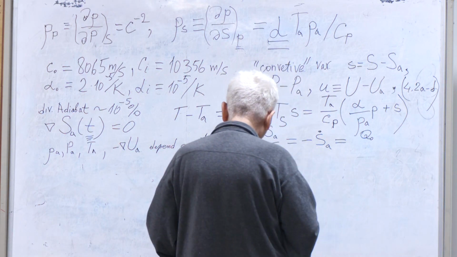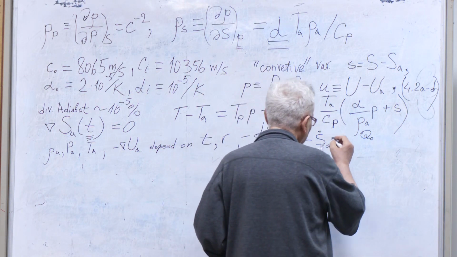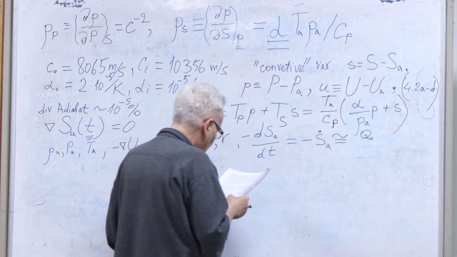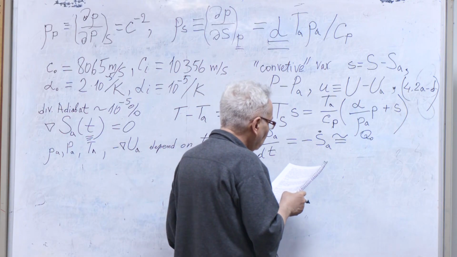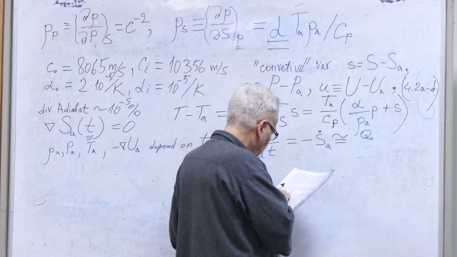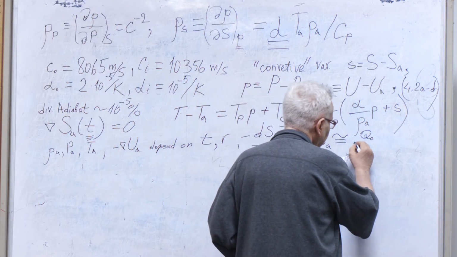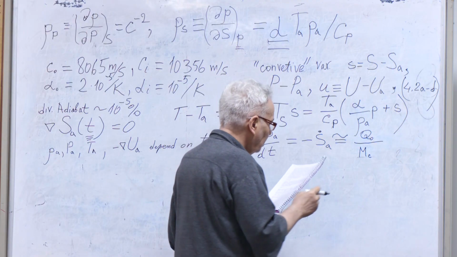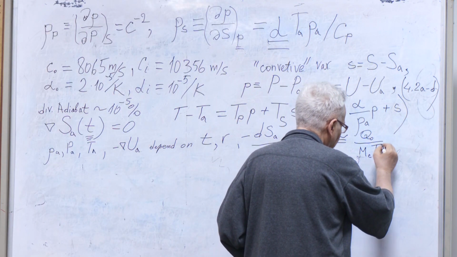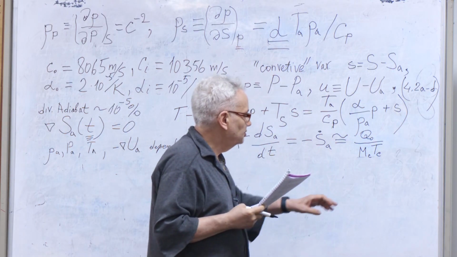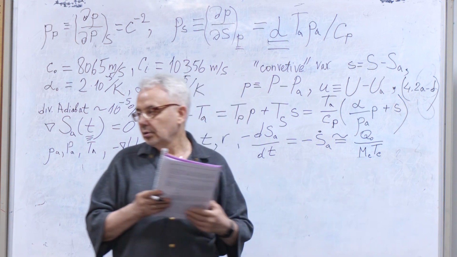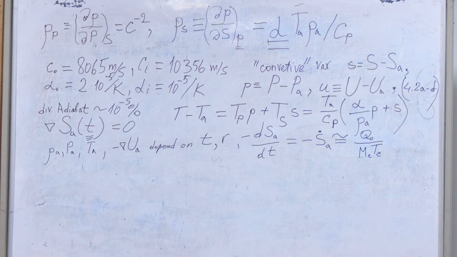So this could be estimated from this very general point of view. Let's put here that this is an approximate estimation: Q_O divided by the mass of the core, which is also quite well known, and divided by the average temperature of the core. I put the index C here, because it's related to the whole core.